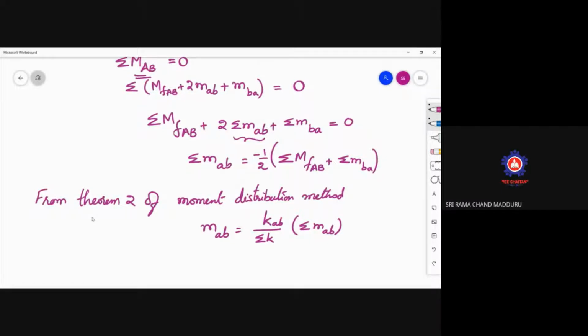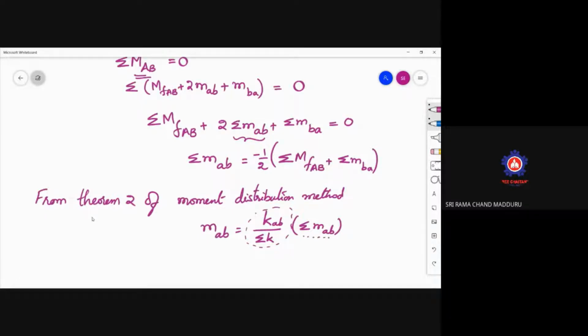This is based upon your balanced moment only. How are you balancing that? Go to your distribution method. This is your distribution factor, and this is your unbalanced moment.